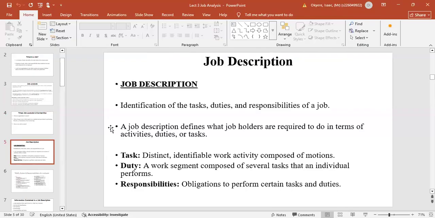Job descriptions are the responsibilities of the job holder. So you are the job holder in the job that you perform. So what are your responsibilities? What are your activities? What are the various tasks that you perform on the job?